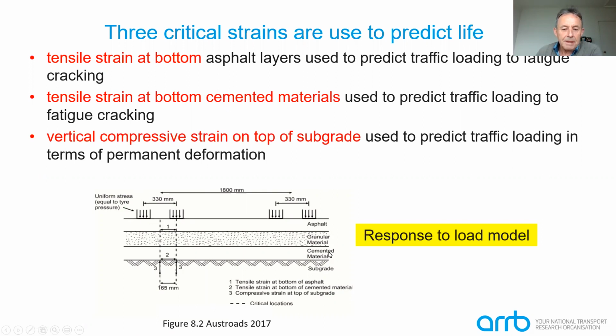And in terms of cemented material, you also use the tensile strain at the bottom of the cemented layer to estimate the allowable loading in terms of fatigue cracking of the cemented material. And we use the vertical compressive strain on the top of the subgrade to estimate the allowable loading in terms of deformation or rutting of the surface.